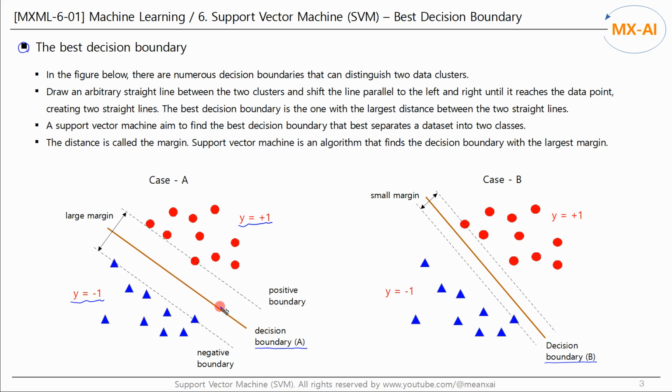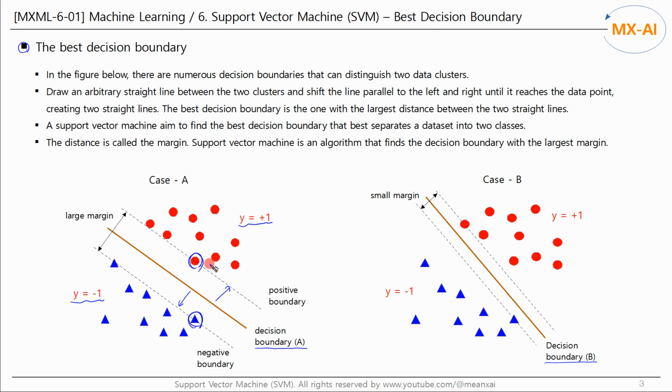Draw a random straight line between the two clusters and shift this line parallel to the left and right until it reaches the data, creating two straight lines. This data point and this data point where these two lines meet are called the support vector.